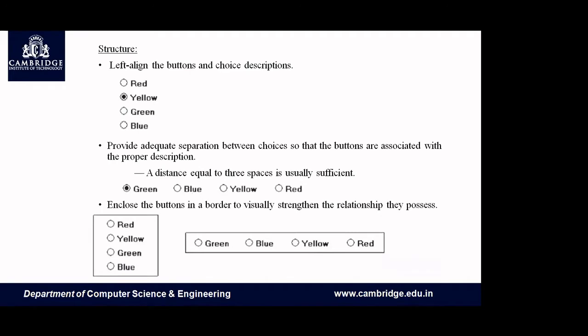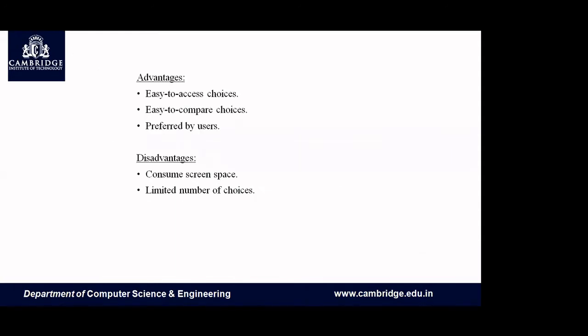When we talk about the structure of radio buttons, it can be left aligned, that is vertical alignment, or horizontal orientation can be given. Whenever a border is given, the strength of the visual relationship will increase. What is the advantage of radio buttons?